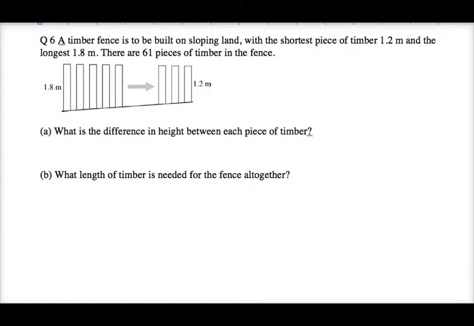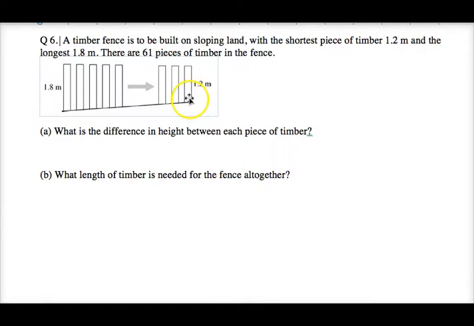In another question, question 6, it says a timber fence is to be built on sloping land, like this, with the shortest piece of timber 1.2 meters and the longest 1.8 meters, and there are 61 pieces of timber in the fence. And the first question is, what is the difference in height between each piece of timber?